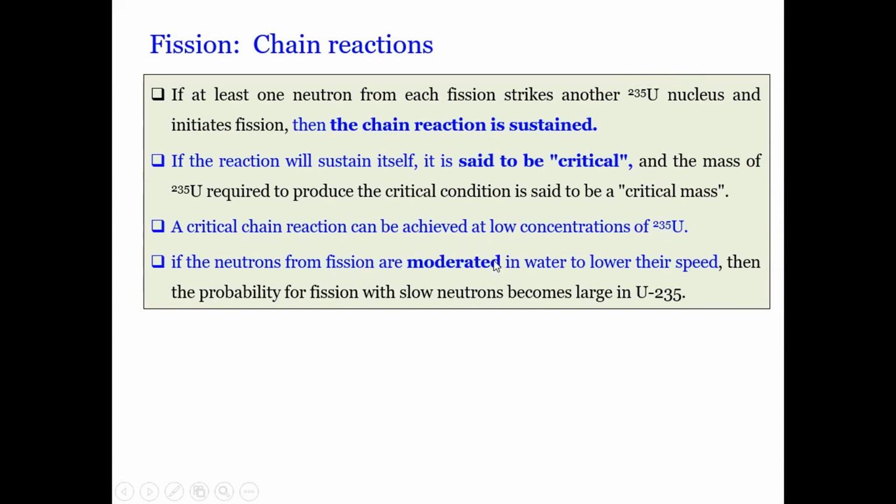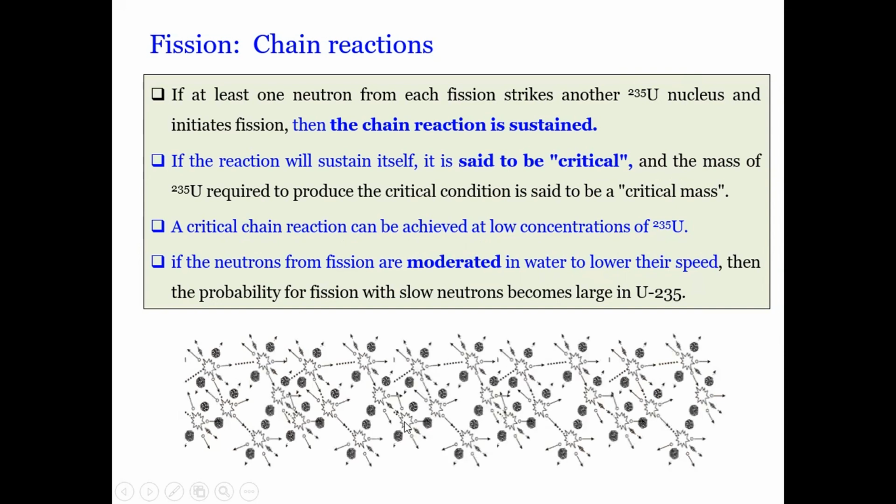If the neutrons from fission are moderated in water to lower speeds, then the probability of fission with the slow neutrons becomes very large in U-235, because the probability of reaction depends upon cross-section. The cross-section becomes large when the energy is low. Cross-section is energy dependent, so it becomes very high for U-235 if the neutron energy is very low. Then this kind of chain can keep on happening.